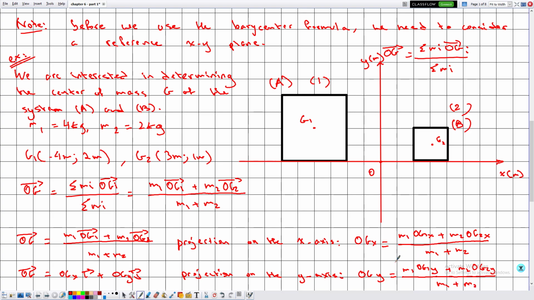Now we will use the following two formulas to determine the coordinates of the point G. What does G represent? It's the center of gravity of the system, which system consisting of the bodies A and B. So let me make some space here.